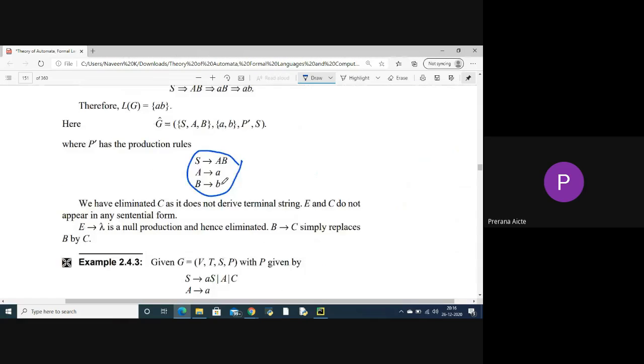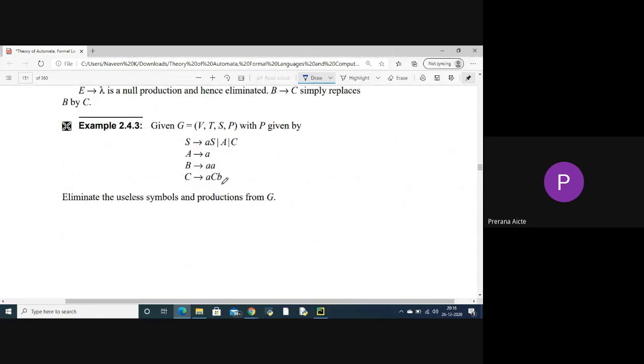Next. Here S tends to small a capital S, and S tends to capital A, A tends to small a. So this production is useful.